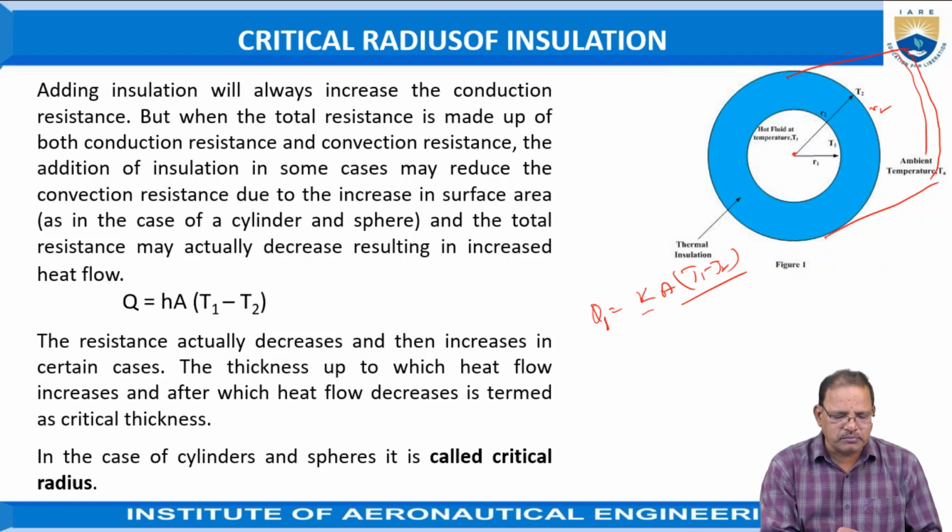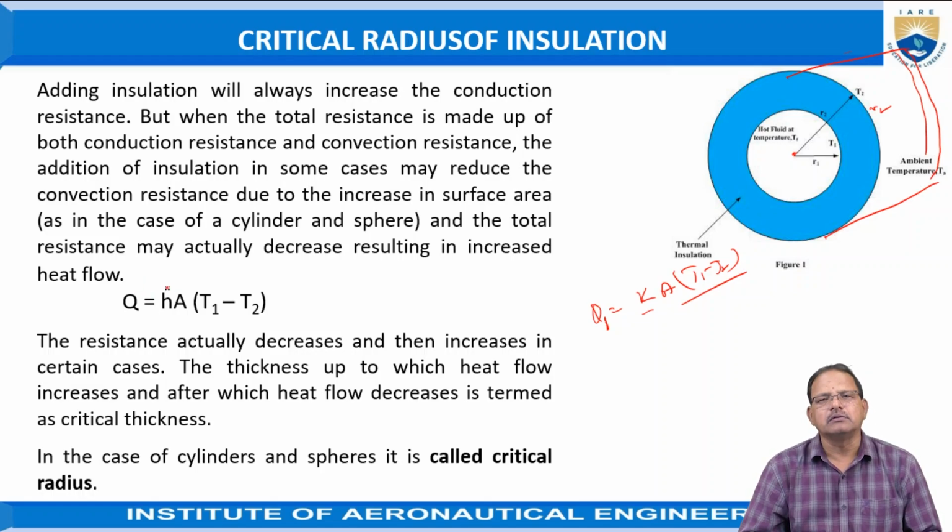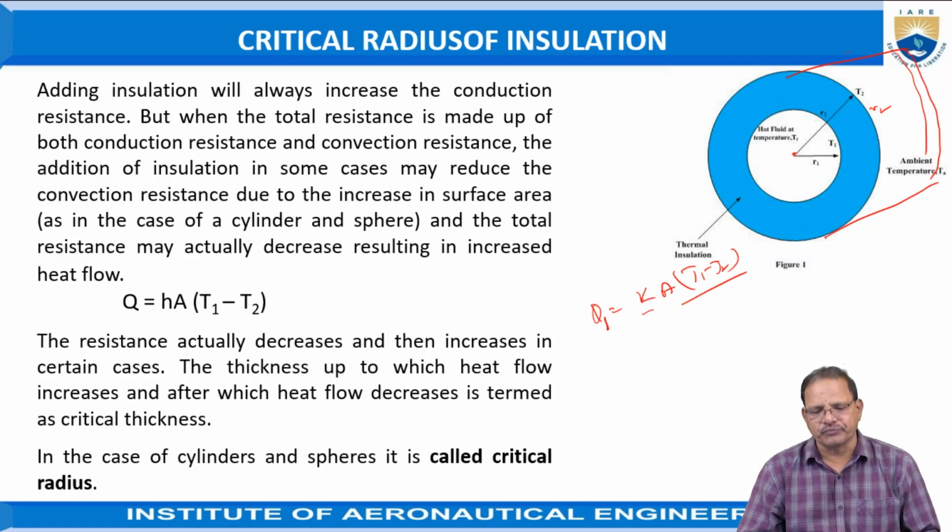According to this equation, Q is equal to H into A into (T1 minus T2). T1 minus T2, the difference of temperature, is constant now. H is also constant for the particular air material, but A is changing, the value is increasing because of the insulation materials present over the outer surface of the object.